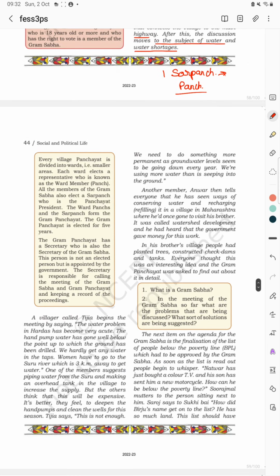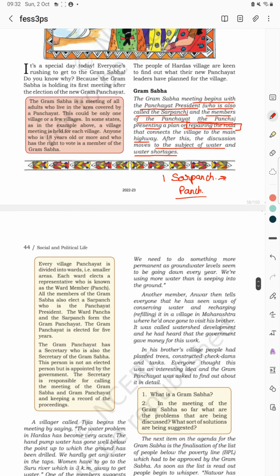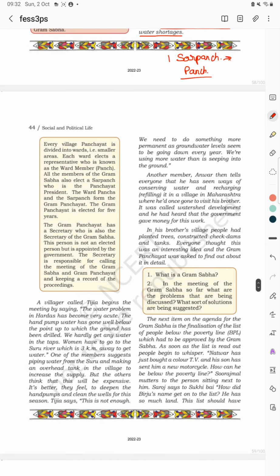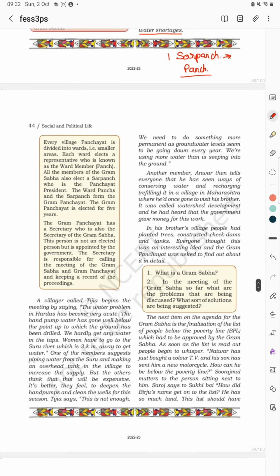So basically we are just trying to see how Gram Sabha works and how the decisions are taken for the benefit of the villages, for the development work.